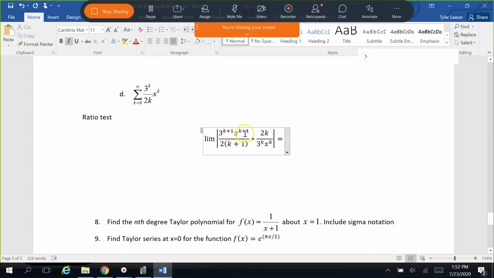So my 3 to the k plus 1 and x to the k plus 1 is going to leave me with a 3x up top. This 2 will cancel out with that 2, but then I still have a k and a k plus 1 on the bottom. That stuff's not going to cancel.